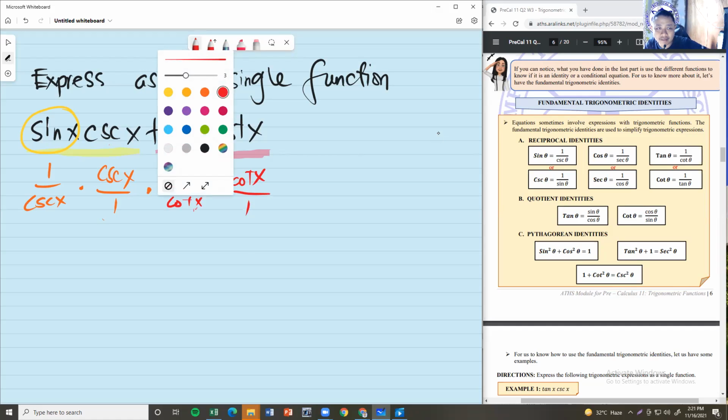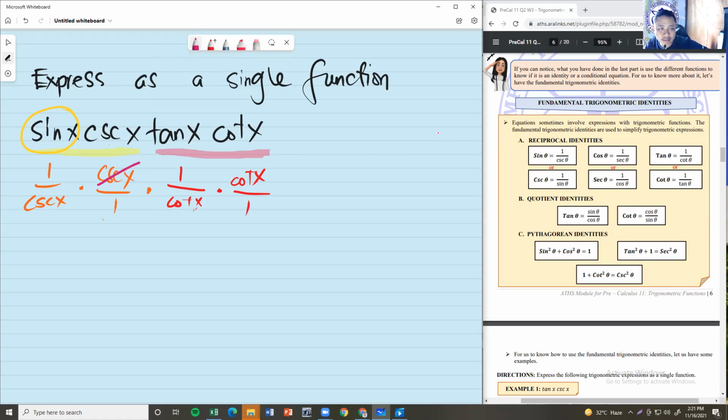And so having seen that, I can just simply cancel out cosecant in the numerator and cosecant in the denominator. Same thing with cotangent in the numerator and in the denominator. So I'm left with all 1, 1, 1, 1. So 1 times 1 times 1 times 1, that's equal to 1 over 1 times 1 times 1 times 1, that's 1. That is equal to 1. And that's the final answer.